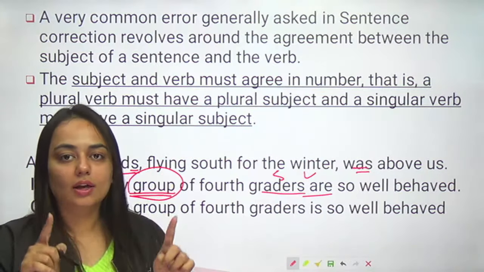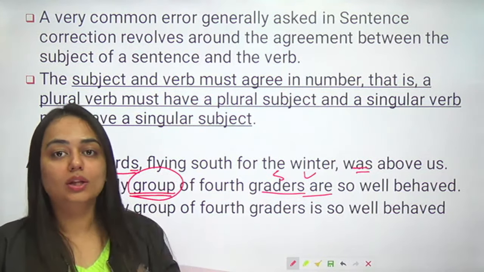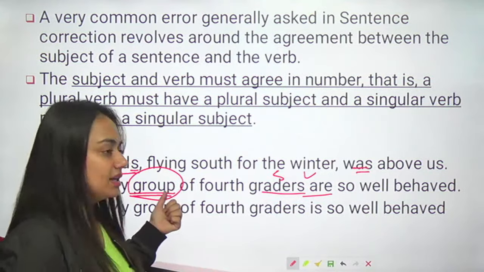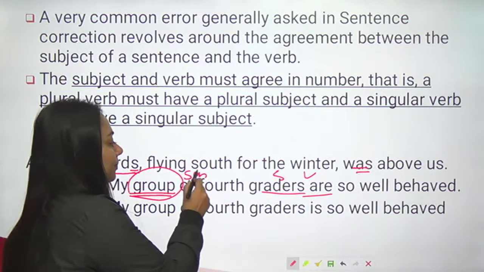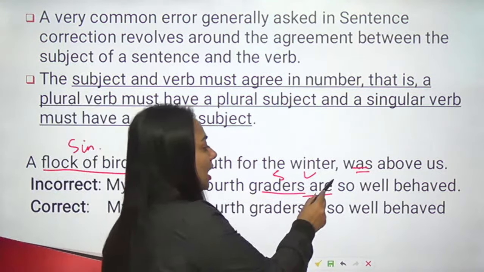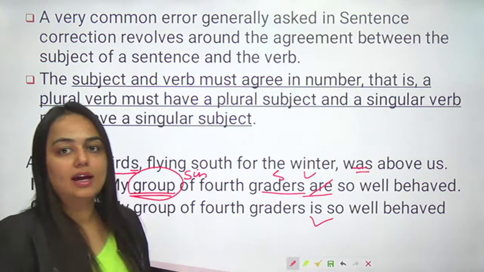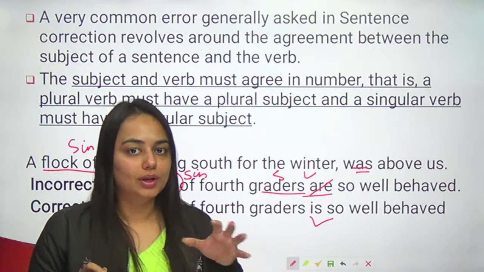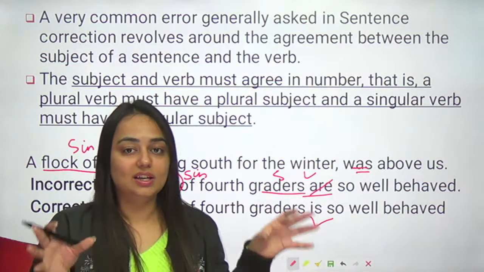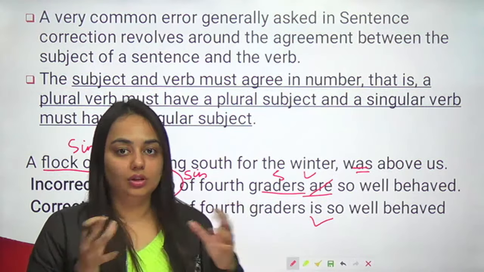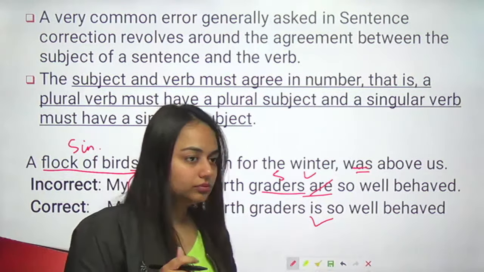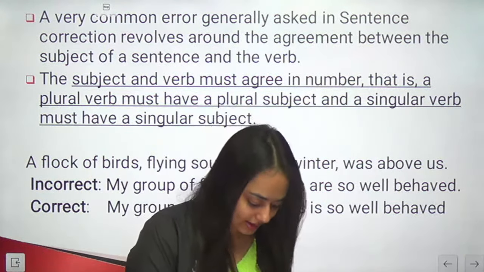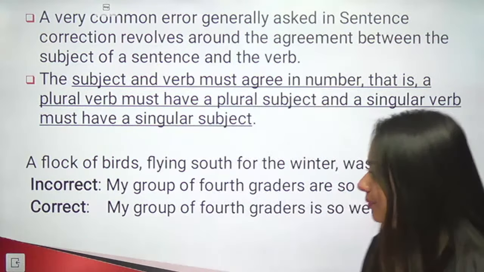So group is an entity which identifies one whole thing, and it is singular. So you have to change this are into is, and that would be the right answer. I hope I've made the point clear. How do you identify the subject and the verb and see are they both plural or singular? Are they same in number or not?